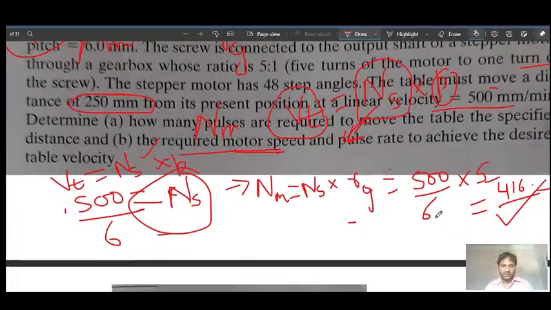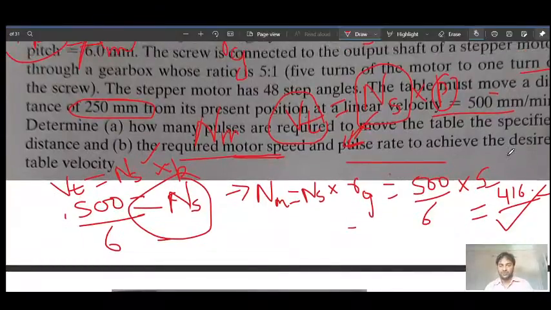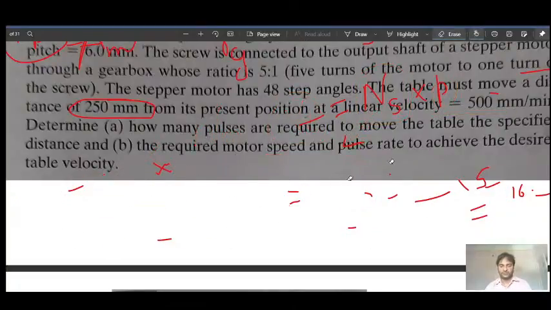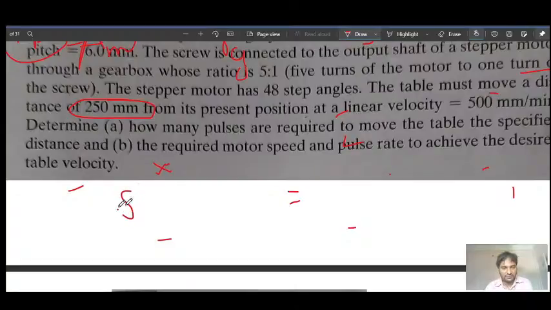Okay. Next is the pulse rate to achieve the desired frequency or desired travel velocity. So we have to use the last formula that we have discussed. That formula was Fp.